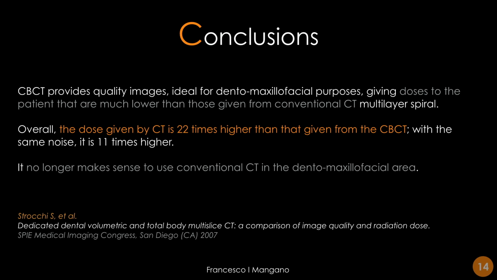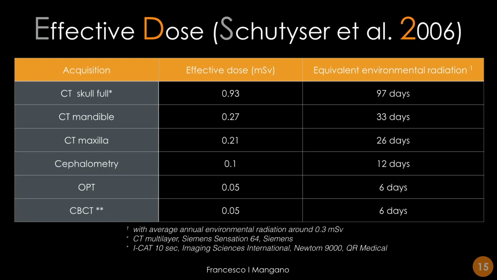So it no longer makes sense in this case to use conventional medical CT in the dentomaxillofacial areas, because the radiation doses given can be even 22 times higher for a medical CT when compared to a cone-beam computed tomography.